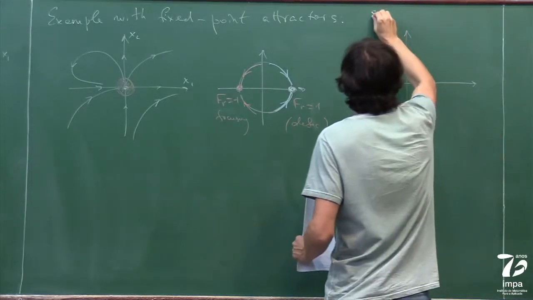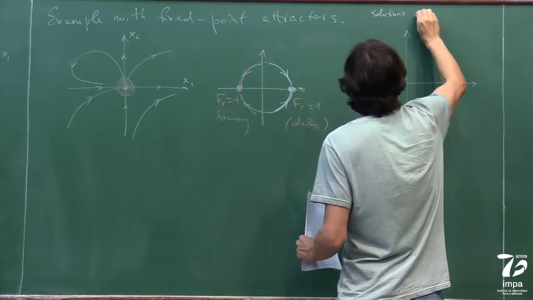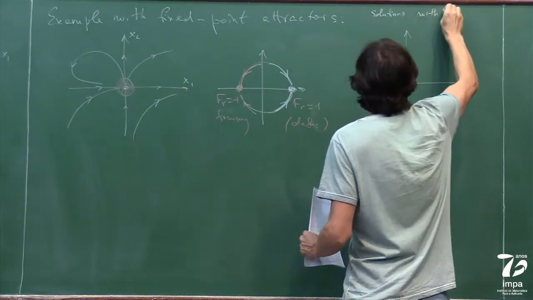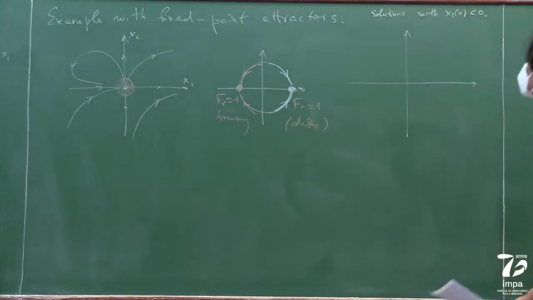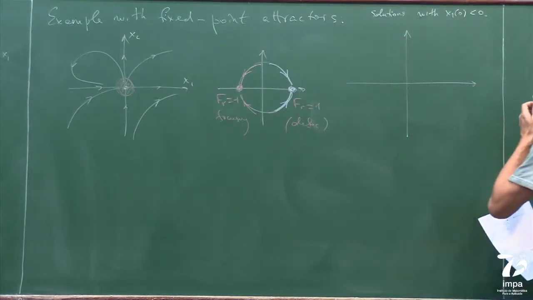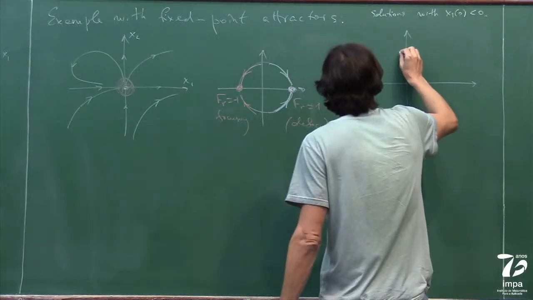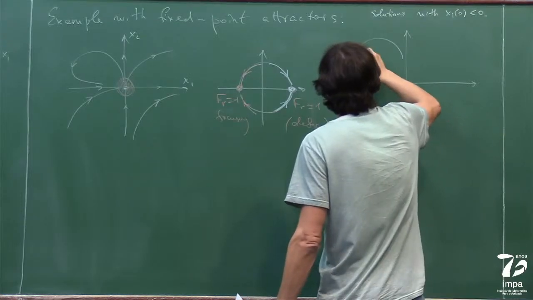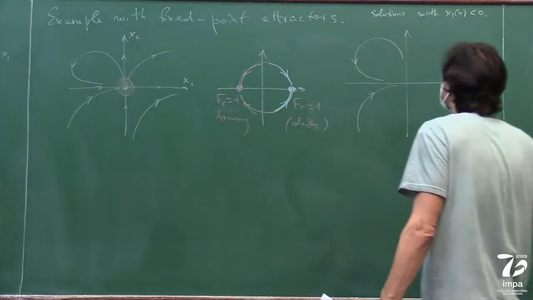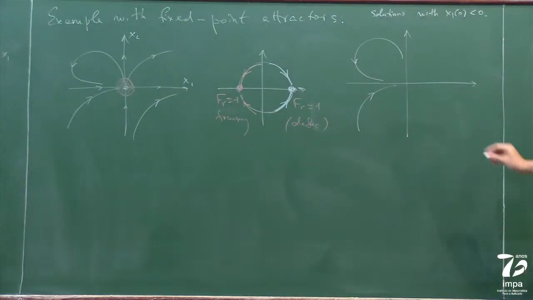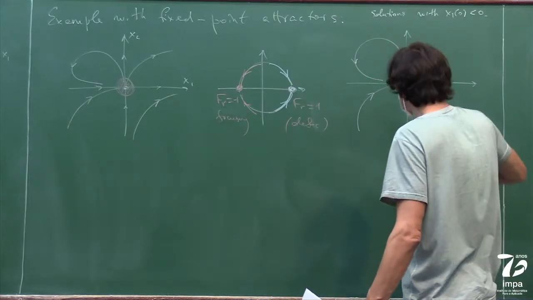So these will be solutions that start with x1 at 0 negative. Let's consider solutions with initial conditions here. Whenever you have an initial condition there, you first blow up either along the loop or along this curve below. Then you enter the singularity at 0 in finite time.